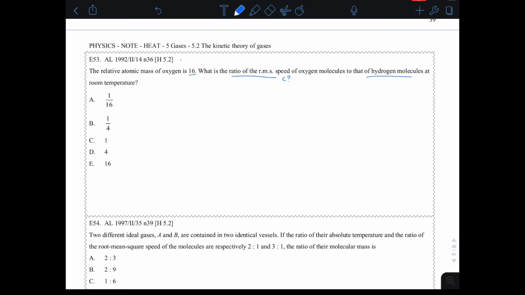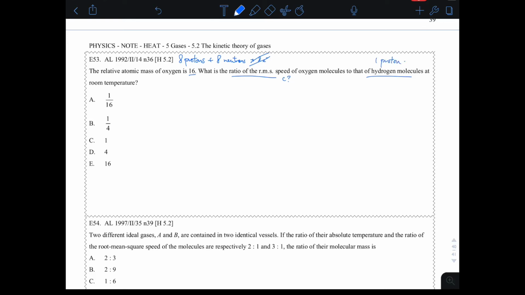The relative atomic mass is 16. In fact, this means we have 8 protons inside and also 8 neutrons. And in fact, you have 8 electrons, but it doesn't count because the mass of an electron is assumed to be 0, very, very small when compared with proton and neutron, so we don't care. Then 16 is from 8 plus 8. How about hydrogen?